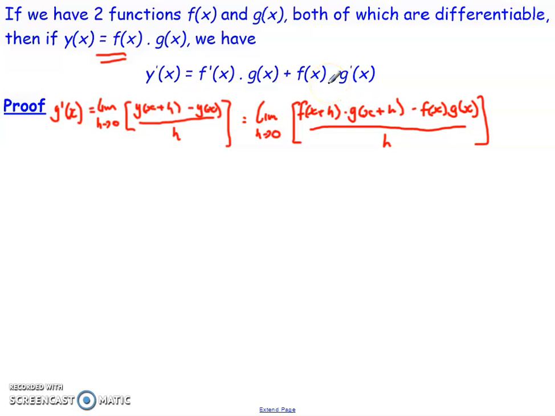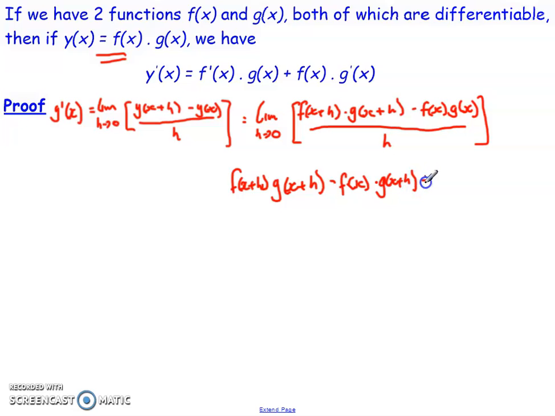Well, here is a cheeky wee step that becomes apparent as to why we do it a little bit later on. What we're going to do is add and subtract f of x times g of x plus h. So I'm going to rewrite this top line. Let's just look at that all on its own here as f of x plus h, g of x plus h, and I'm going to take away f of x times g of x plus h.